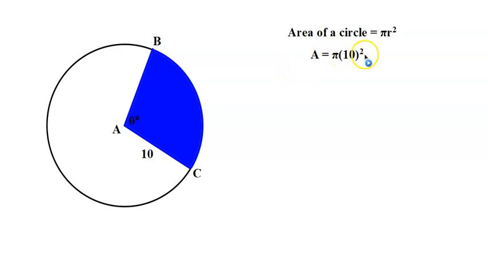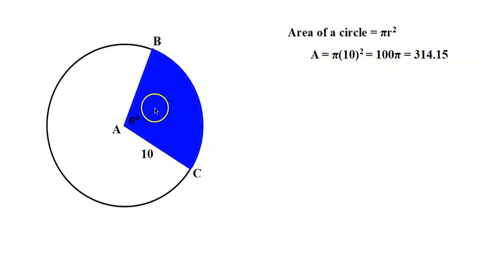So pi times 10 squared, which would be 100 pi. If you want it rounded off, it would be 314.15, approximately, because pi goes on forever, so we have to round it. Not exact answers. So if your teacher wants exact answers, it's going to look something like this with pi in it. If not, round it off to however many decimals it wants.